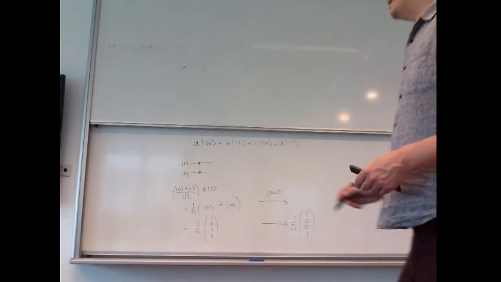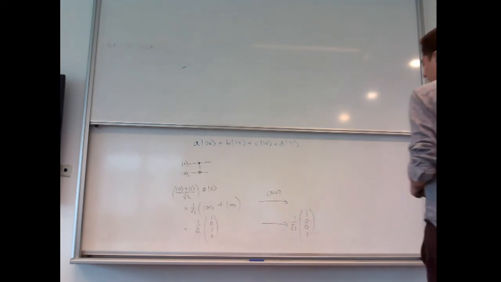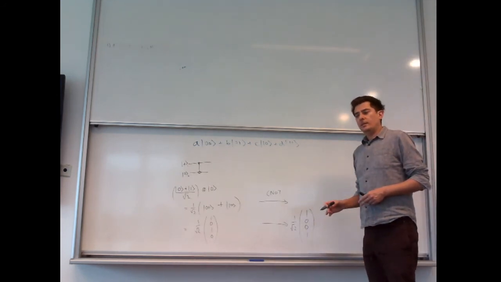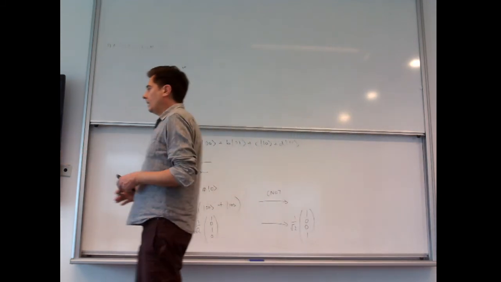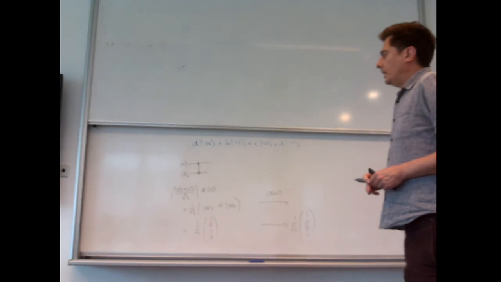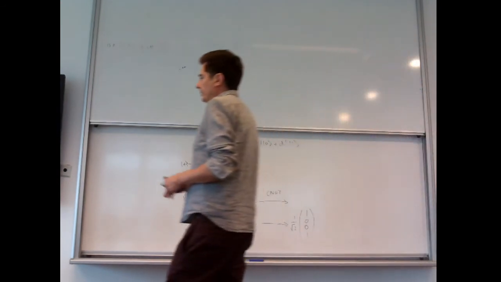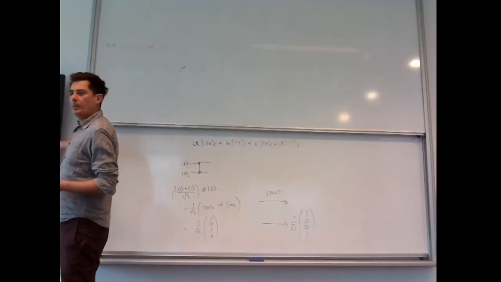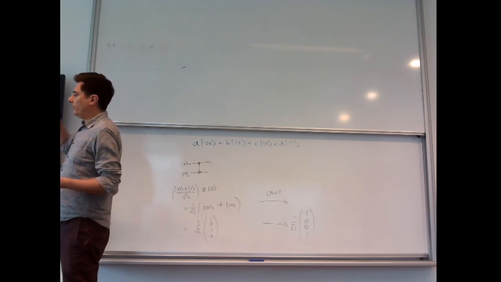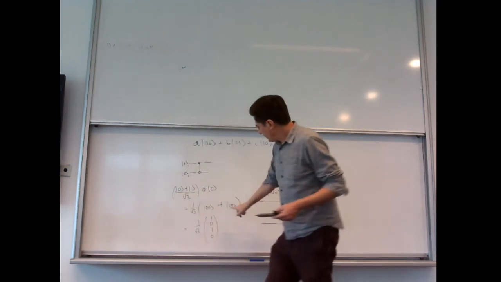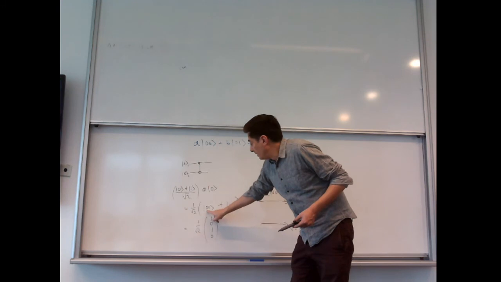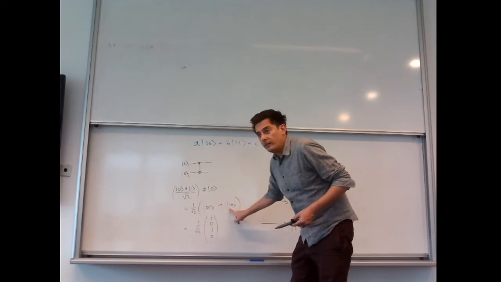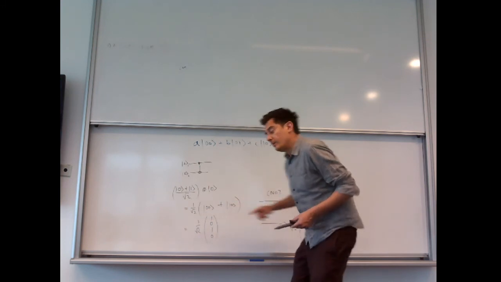But actually, that's probably not really the way that I would do it, because I don't really always remember what this matrix is, and there's a simpler way to do it. The simpler way is just to remember this rule of the CNOT: if the first qubit is 0, then do nothing, right? If the first qubit is 1, then flip the second qubit, right?